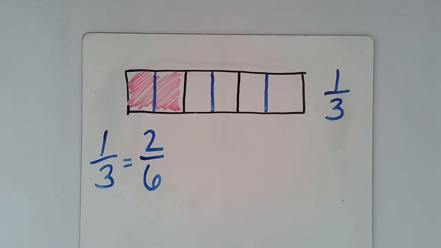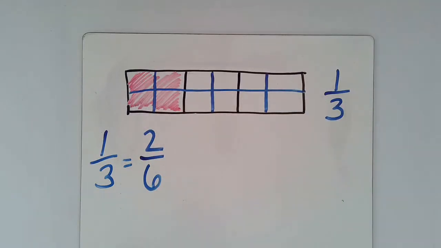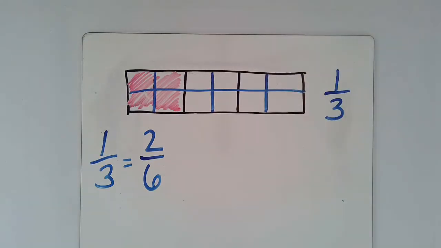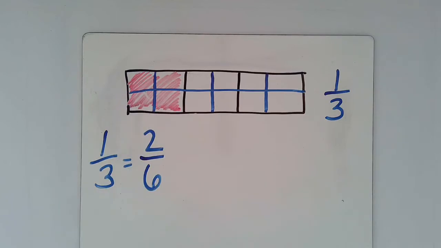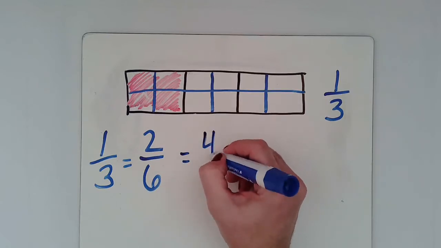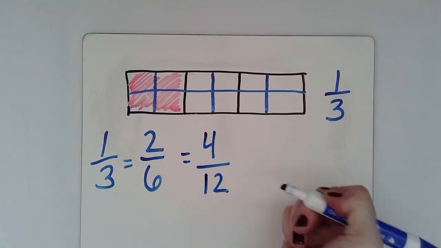Okay? I could also draw a line here, and that means I have 4 times as many spaces as I had originally. Okay? But again, I didn't shade anymore. So I know that 1/3 is equal to 2/6 is also equal to 4/12.